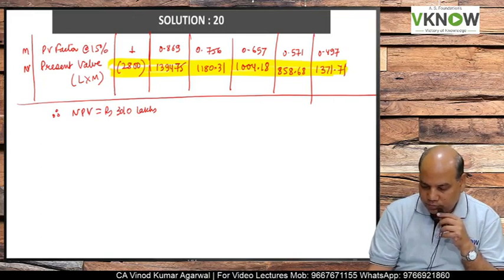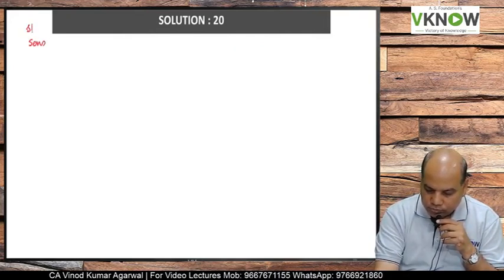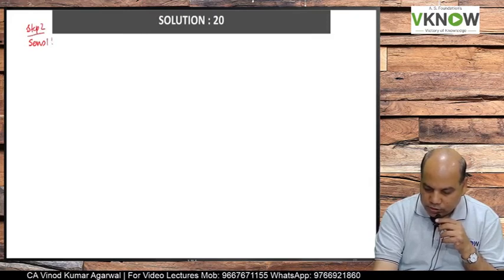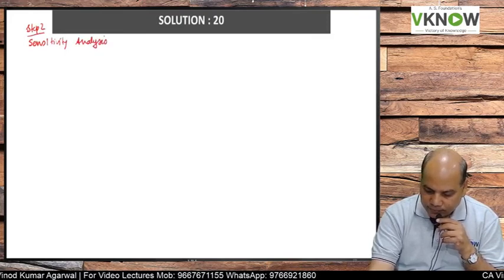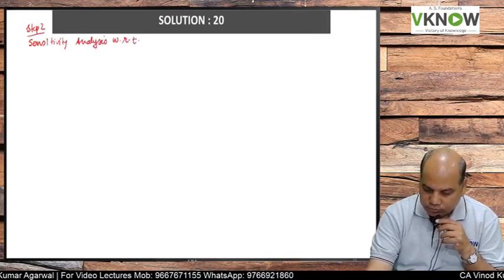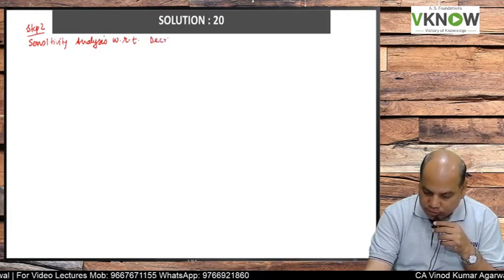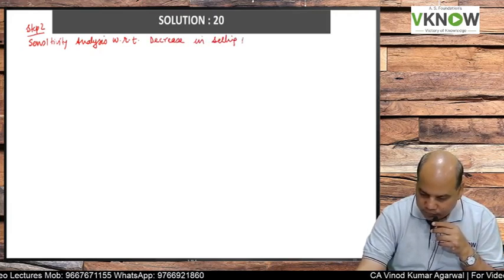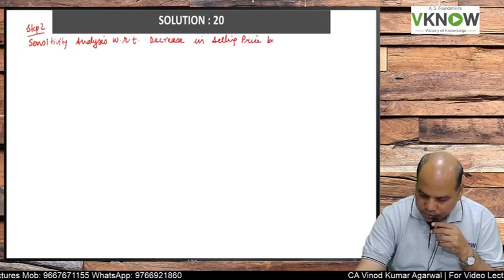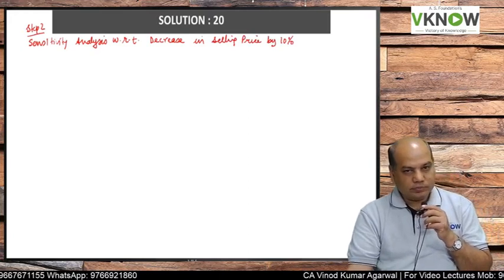So write down: Step 2, sensitivity analysis with respect to decrease in selling price by 10%.